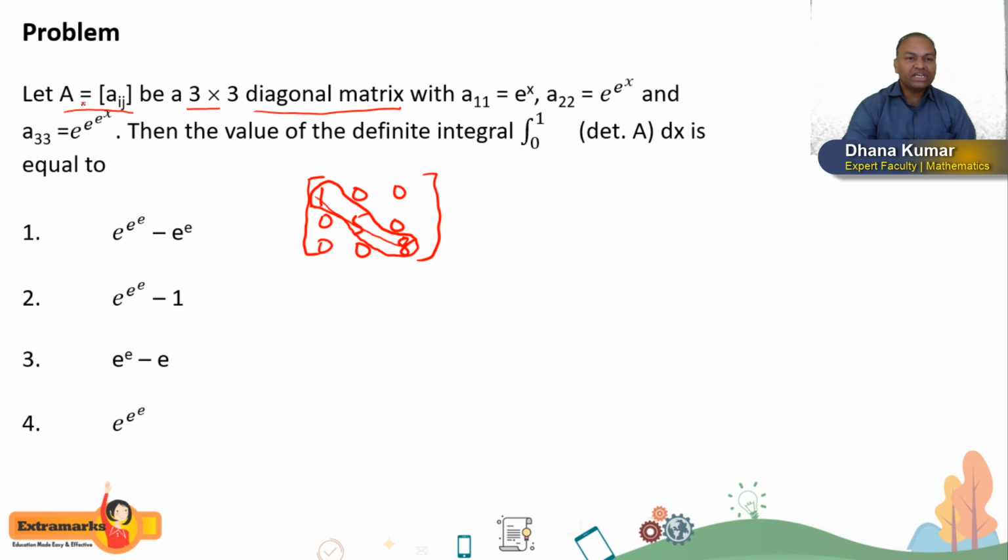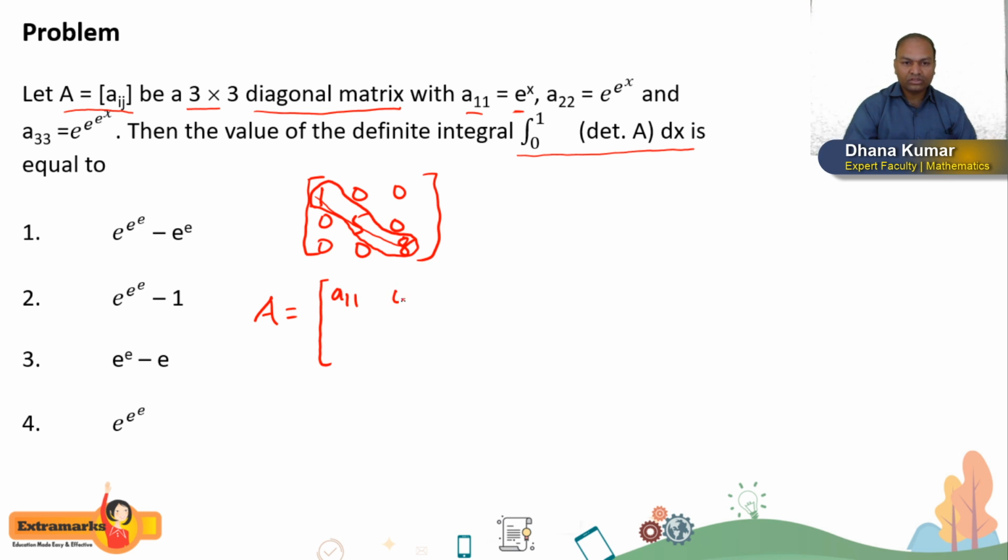Okay. Right. See here, A is a 3 by 3 diagonal matrix with A11 e power x, A22 e power x, A33 e power x. Then find the integral 0 to 1 of det A dx. That is our question. Simple question only. Let us say first of all A is equal to, if you are taking a matrix like this, A11, here the condition is what? Diagonal matrix.